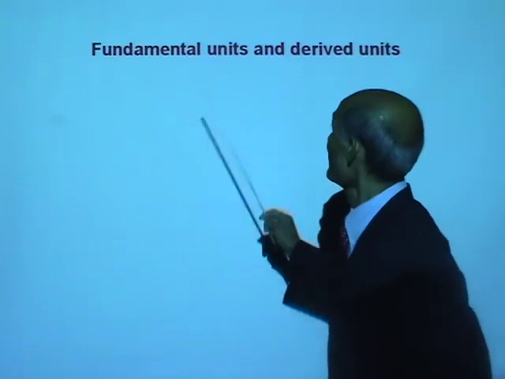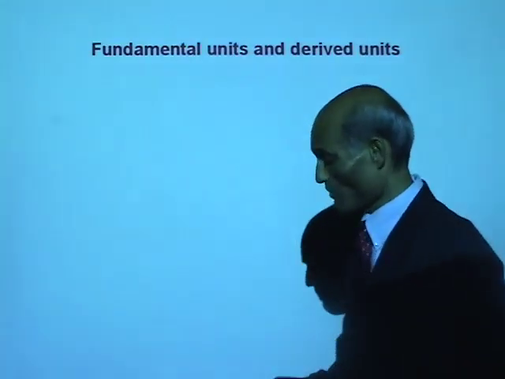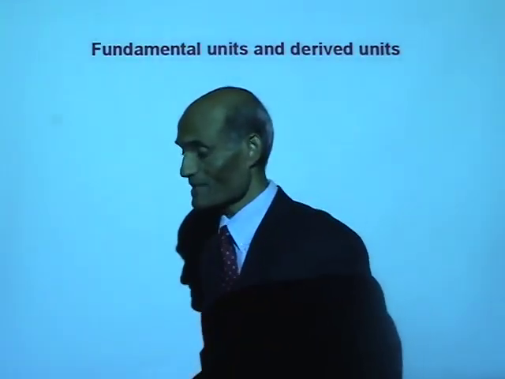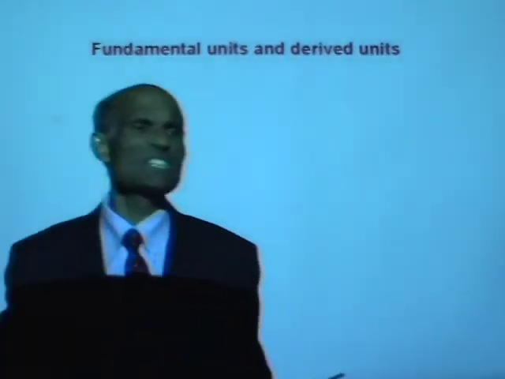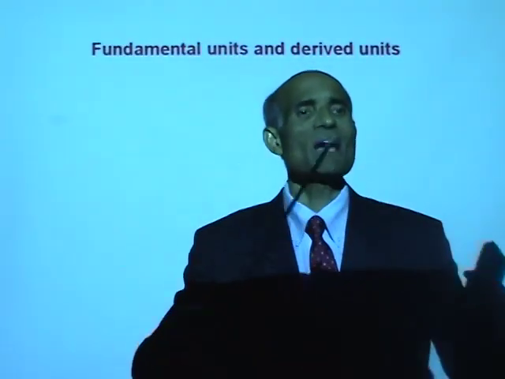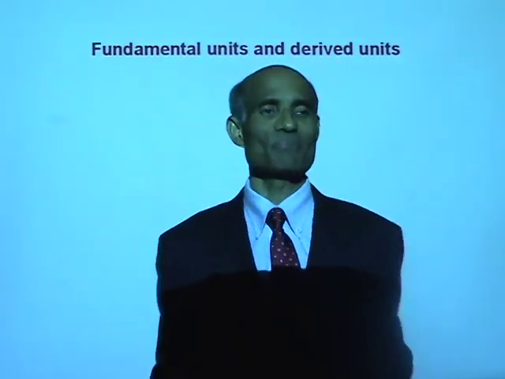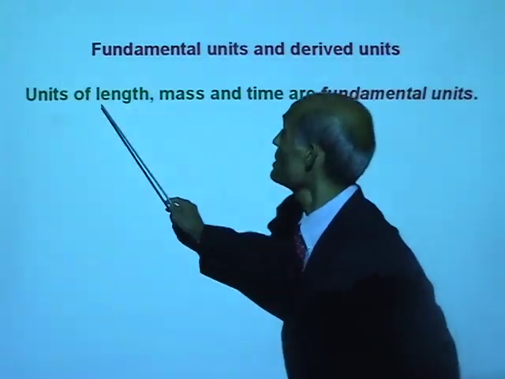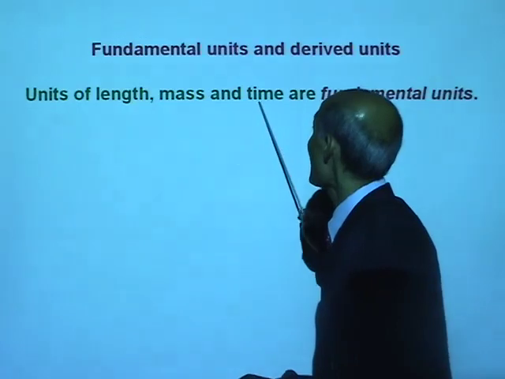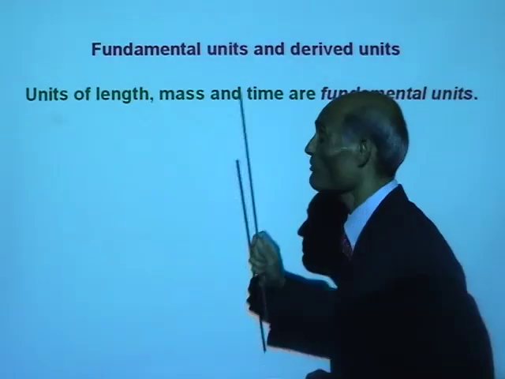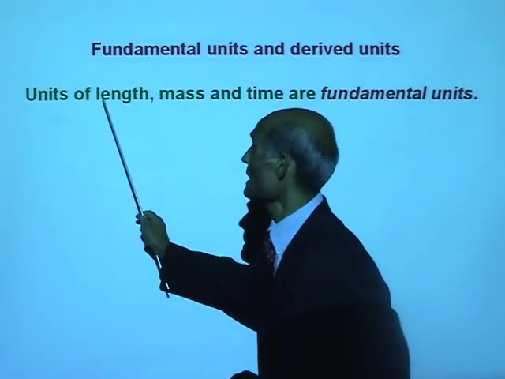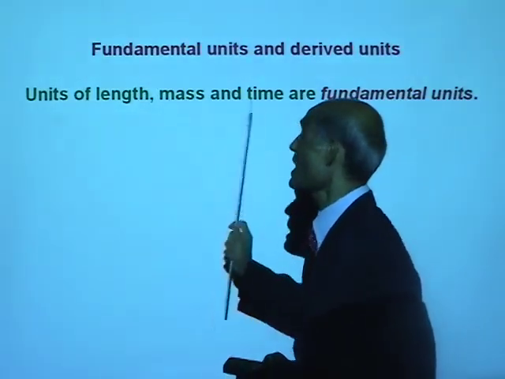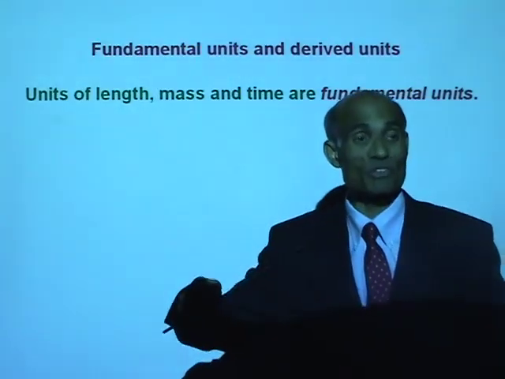Alright, let's now talk about the fundamental units and derived units. Now, what is derived? Derived from the fundamental, right? So, units of length, mass, and time are fundamental units. Alright? Now, watch it again. Length, mass, and time are fundamental quantities.